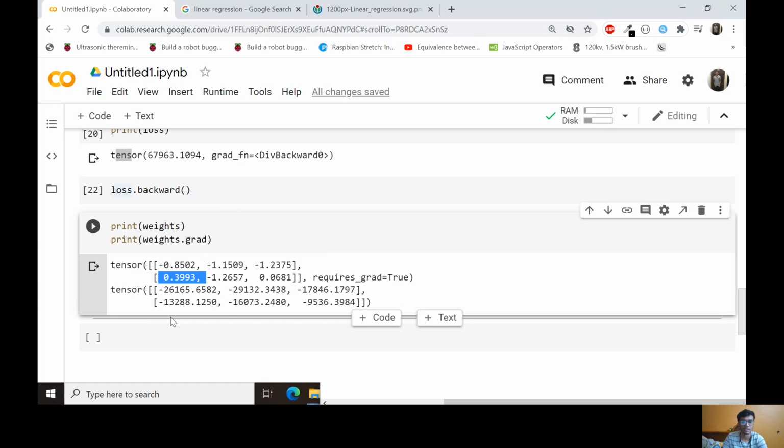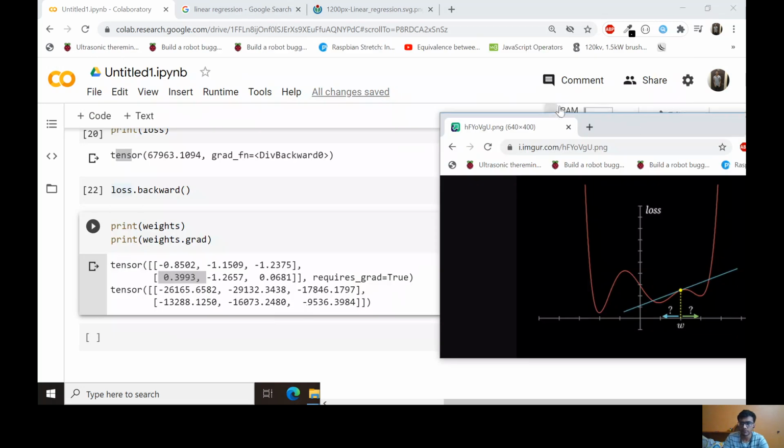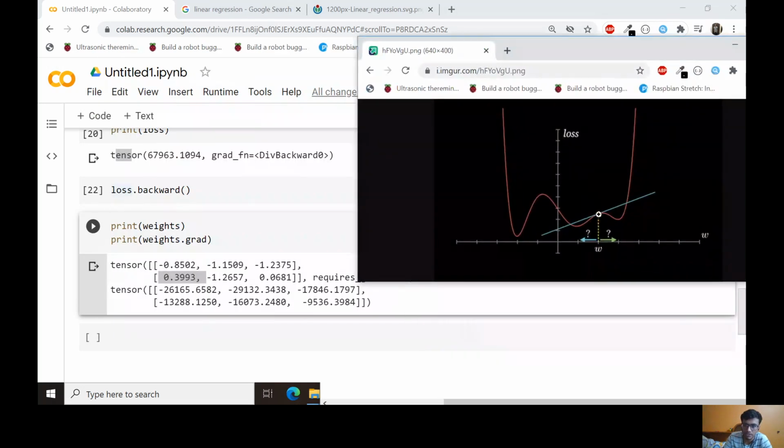Let's consider this case, 0.3993, and the slope is in the negative direction. That means minus 1.3288 is the slope. So now, if we move in the positive direction, the loss function will increase, and we don't want that. If we move in the negative direction, the loss function will decrease, and we want that.